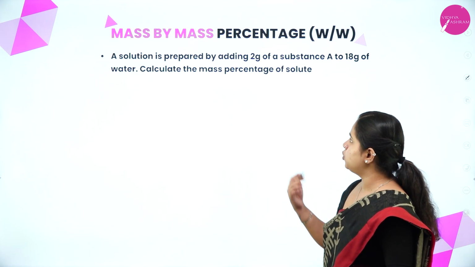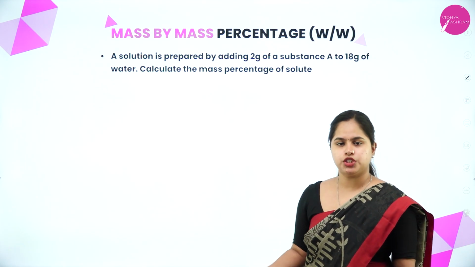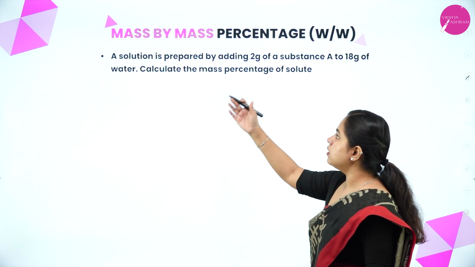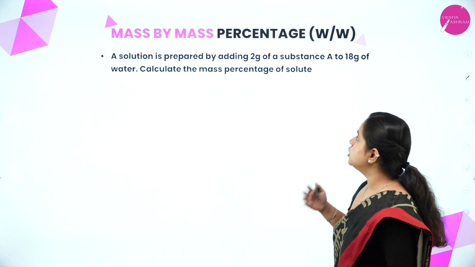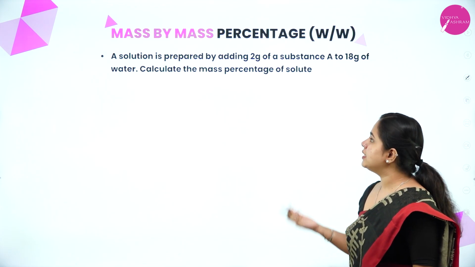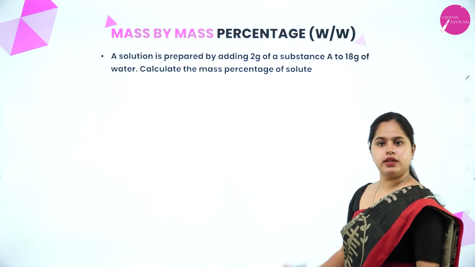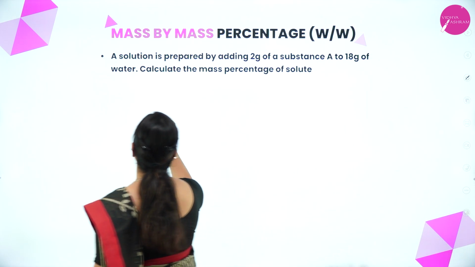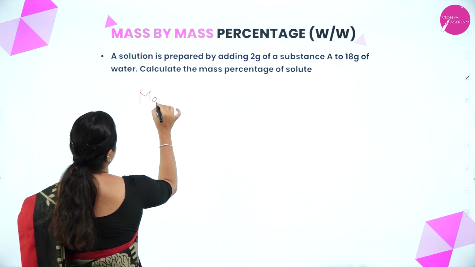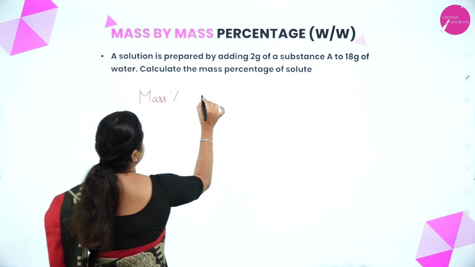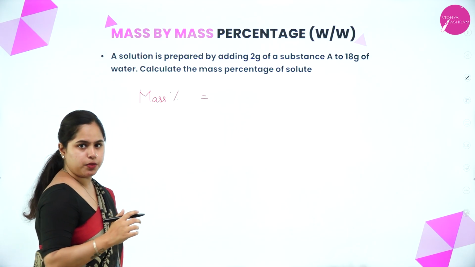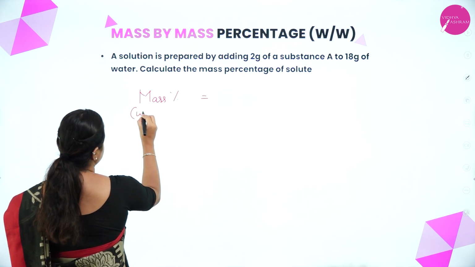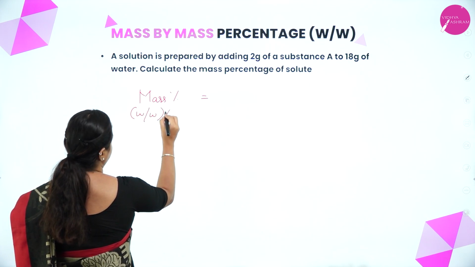Now let's do an example, that is a question for this, so you'll understand it better. A solution is prepared by adding 2 gram of a substance A to 18 gram of water, and you have to calculate the mass percentage. So what is the equation? How can you find out mass percentage? Instead of writing mass percentage, you can also represent it as W by W percentage.